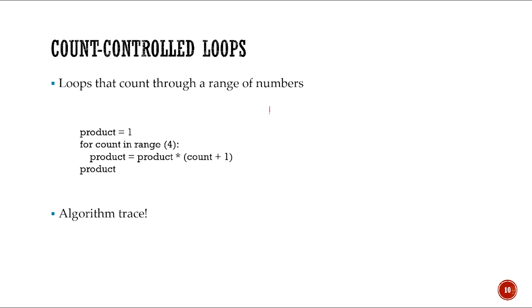So for round 1, product is equal to 1. So we have two main variables here, product and count. Product is 1 here, and then we have a count which takes values in range 4. By default, it starts from 0, 1, 2, 3.